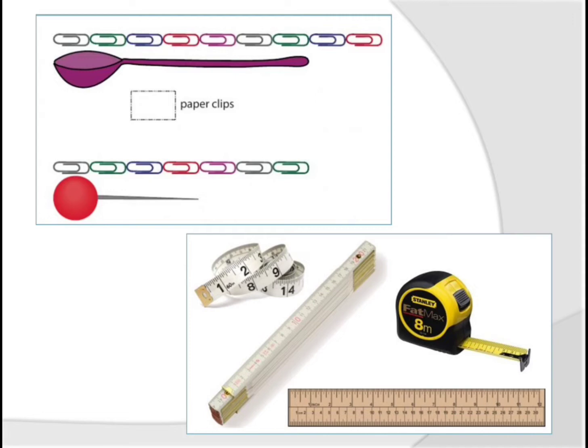Where do you use these? When the thing is small, you use millimeters or centimeters. If it is a little longer, a larger length like the length of your room or a playground, it is measured in meters.